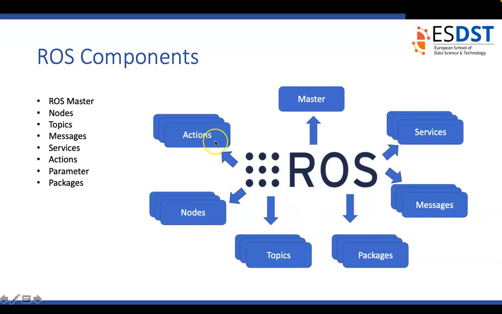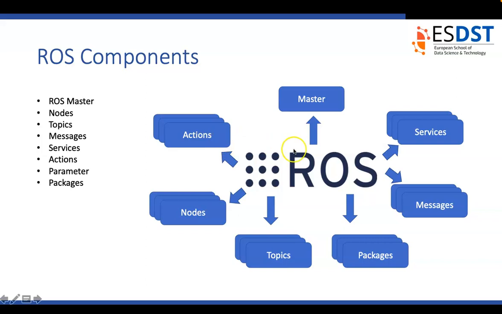Nodes, services, and actions are different. But if you want to see them all together, just imagine them as services, but there are three different kinds of services or processes running. Just think about it as of now, but you will surely understand more about the difference and the ways to use each.